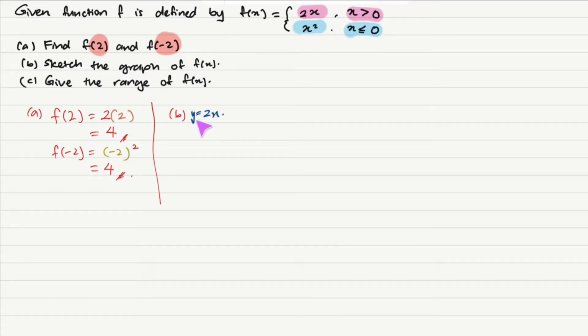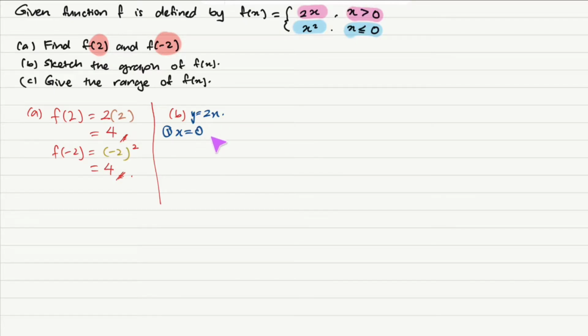So, to sketch a linear function, we just need 2 points. What is the first point that we should look at? Of course, we should look at the x and y intercepts, okay? But now, the domain is given, which is x greater than 0. So we just have to substitute in the value at that domain boundary, which is 0.